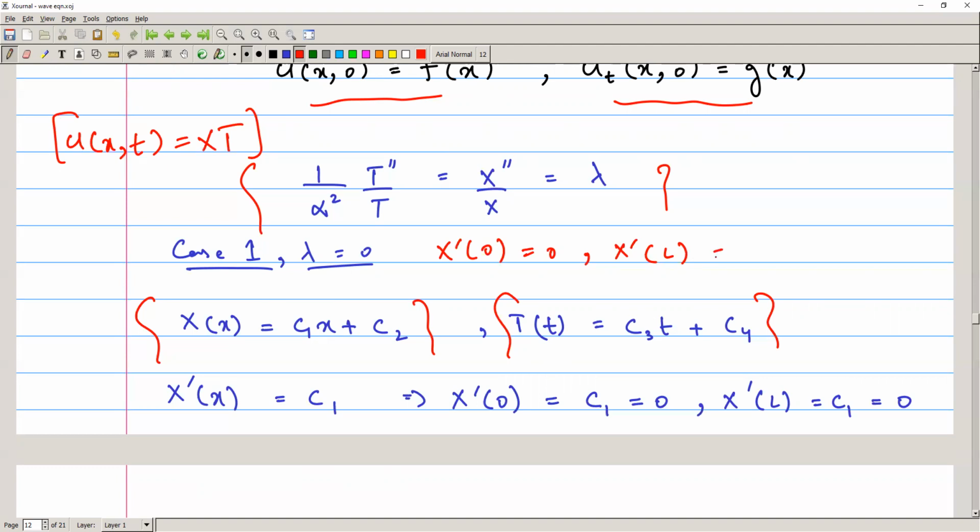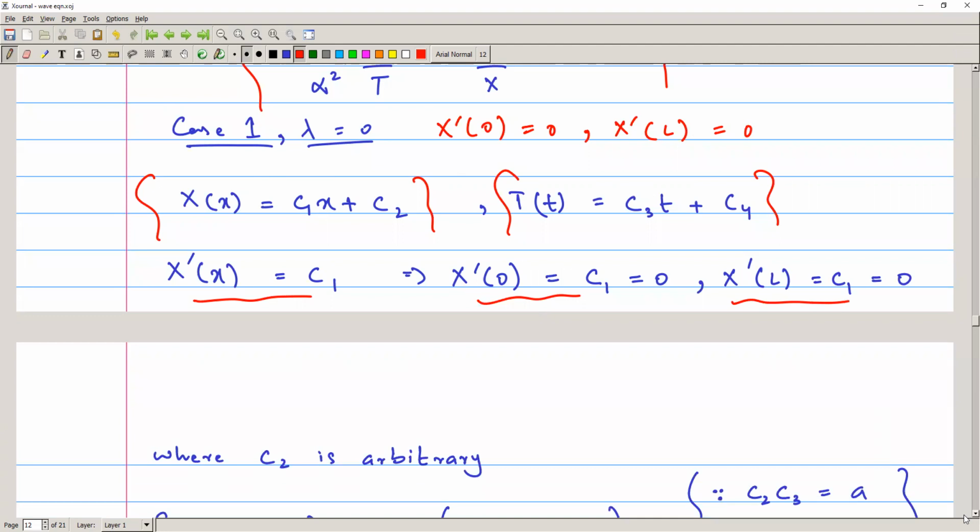Now it means that we are going to find the derivative of x, and then we are going to apply the boundary conditions. So here this is the derivative. From this derivative we can see that we only get c1 equals 0, therefore c2 is any arbitrary constant, right?